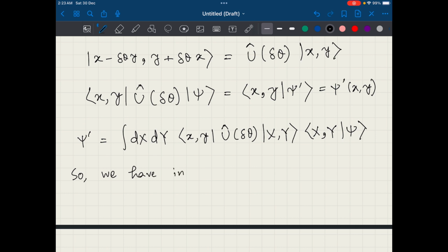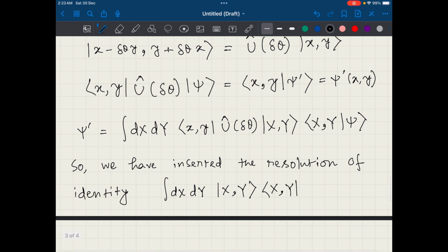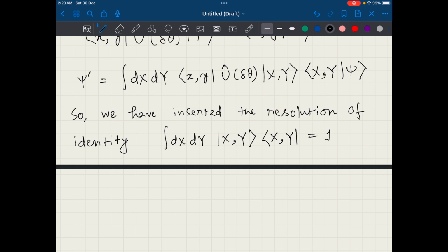So we have inserted the resolution of identity, the integral dX dY, note the capital and small. Here I use the integral of |X Y><X Y| equal to the identity operator.